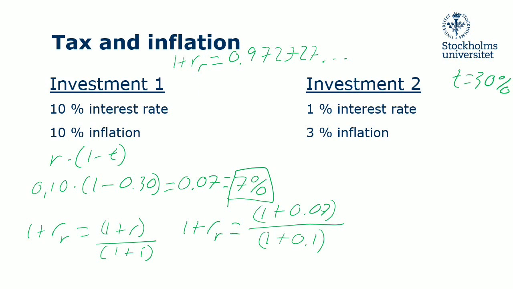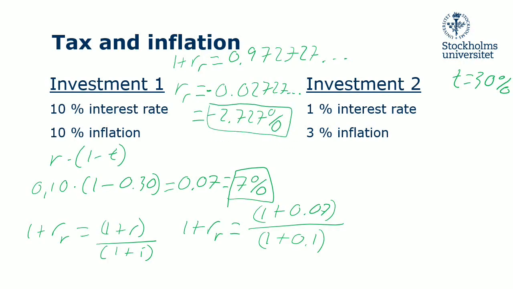If we subtract 1 from both sides, we find that the real interest rate after tax is actually negative, minus 0.02727, and so on. In percentage, it's minus 2.727%. So we have a loss in purchasing power of roughly 2.73% for investment 1.